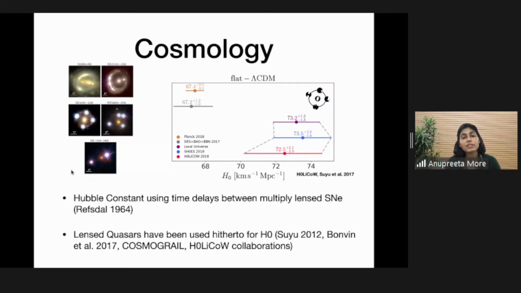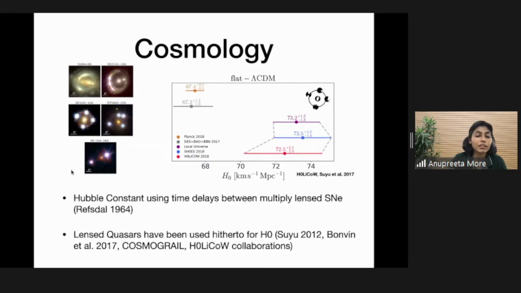They monitor these systems over several months and get very accurate measurements of the time delays. There are other follow-up observations done also to accurately measure the distances and other quantities which will allow us to better model the lens system itself.